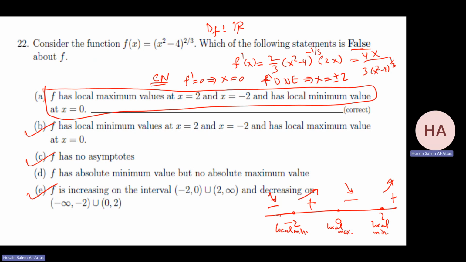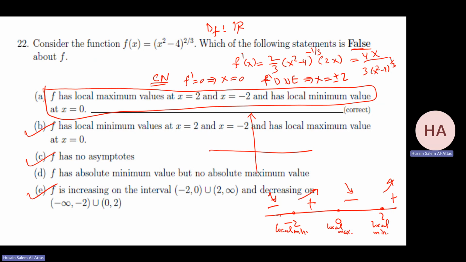Okay. If it has an absolute minimum, but no absolute maximum. How to check this? I can sketch the graph of the function. But if I try to sketch the graph of the function, what are the intercepts?